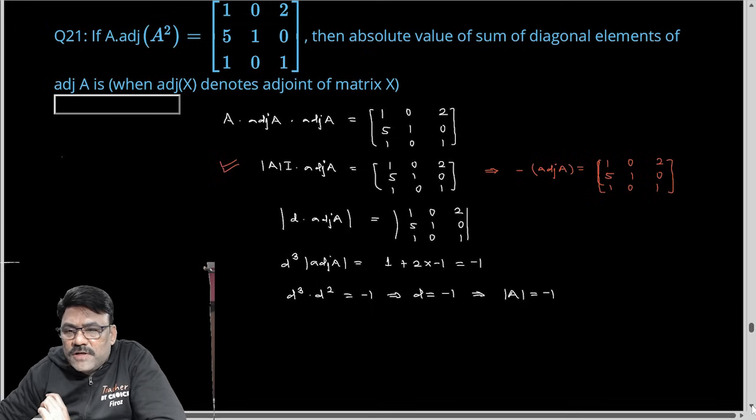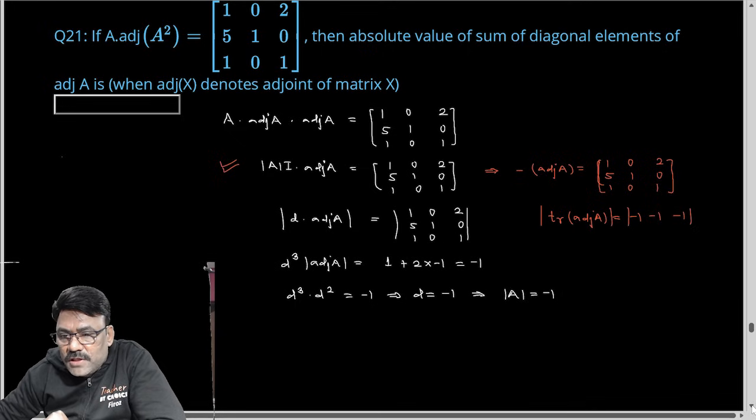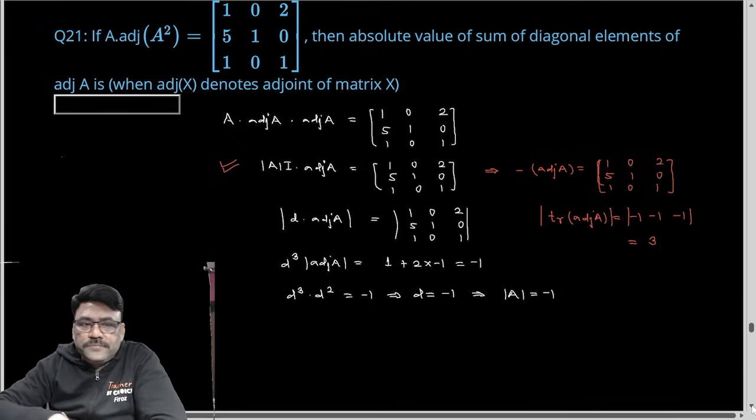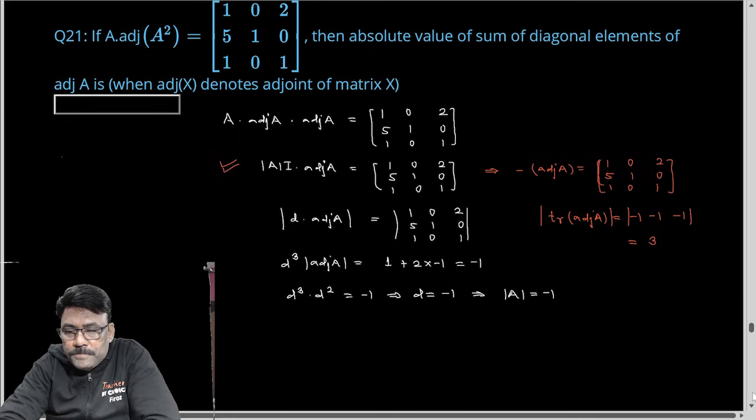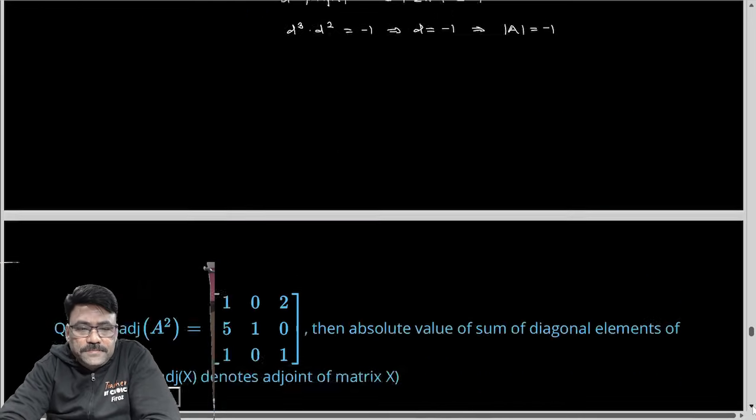Adjoint A will be, in fact, minus 1, 0, minus 2, minus 5, minus 1, 0, minus 1, 0, minus 1. So what will be the trace of adjoint A? Trace of adjoint A will be minus 1, minus 1, minus 1. But they are asking the absolute value of the trace, the absolute value of the sum of diagonal elements. So it is 3. 3 is the correct answer here.